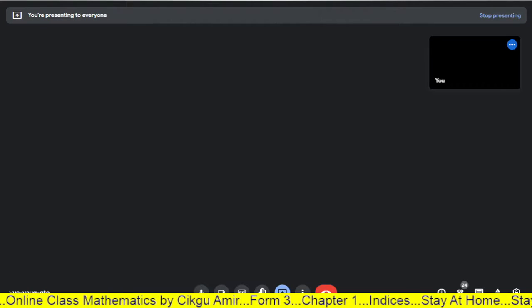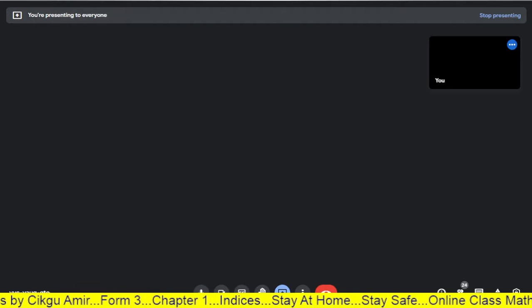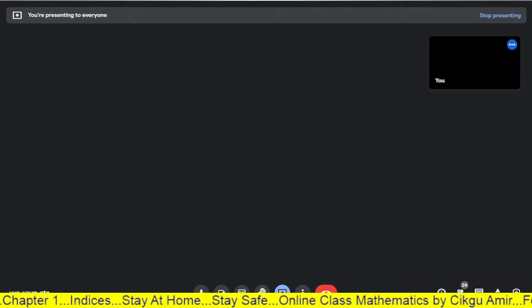Divide again by 5, the answer is 1. This is the repeat division method.